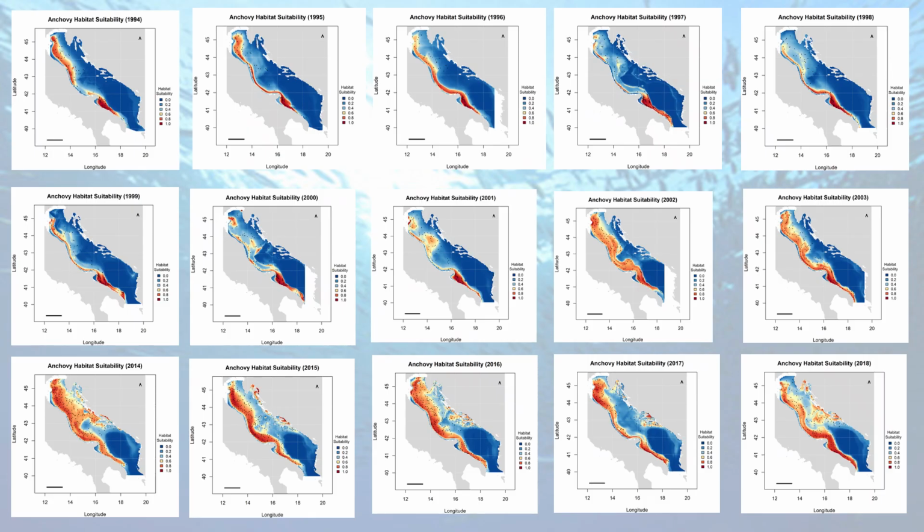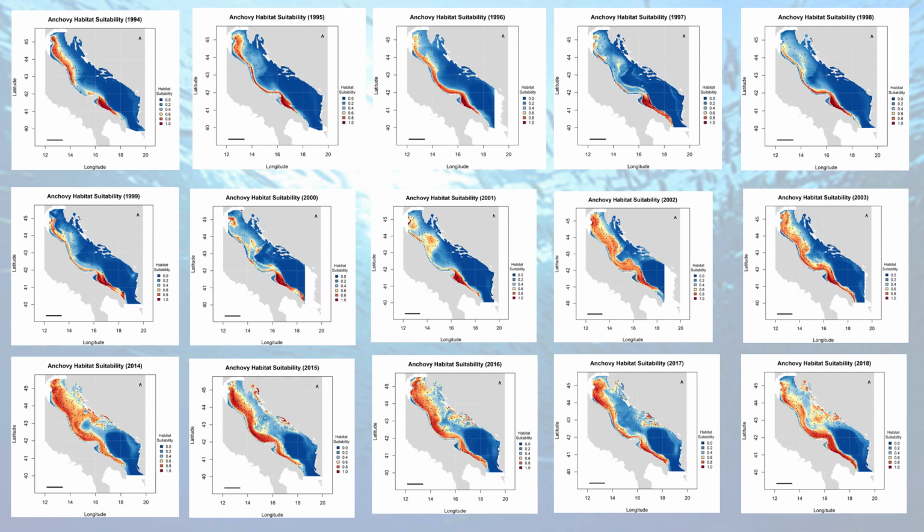And this is a peek of what some of these years look like. This is about 15 out of the 28 years. And what we can notice is there's some patterns starting to emerge. There's areas that are consistently important, areas where we're consistently seeing this red estimated habitat, this high level of suitability. But this does vary from year to year.